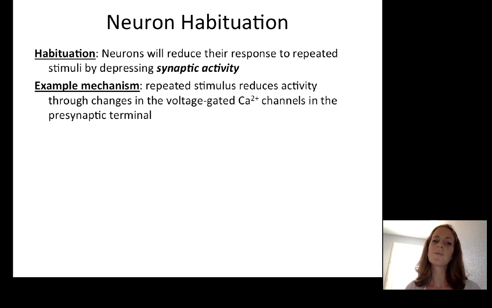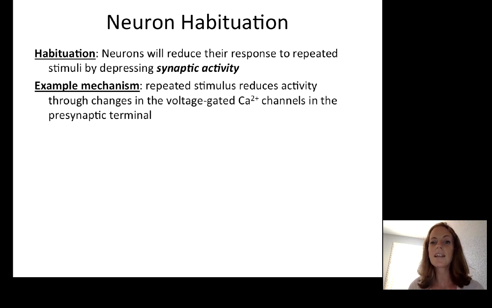Another way to stop responding to repeated stimuli is not through receptor adaptation, but by actually depressing synaptic activity. This is neuron habituation. A repeated stimulus reduces activity through changes in the voltage-gated calcium channels in the presynaptic terminal. Now, if that sounds Greek to you, go back and review your neurophysiology.